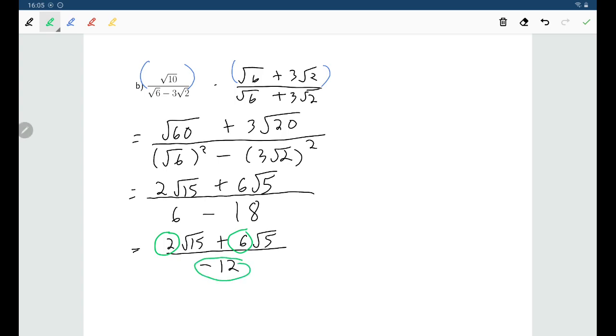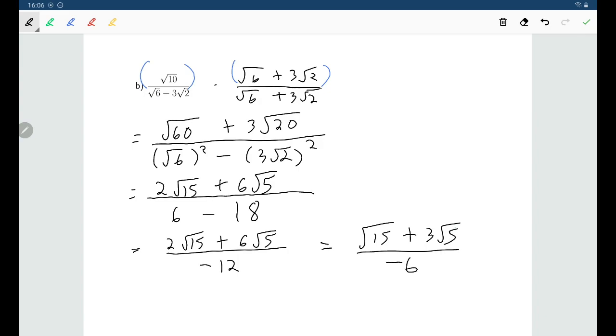The denominator is also divisible by 2, so I could divide everybody top and bottom by 2. So root of 15 plus 3 root 5 over negative 6.